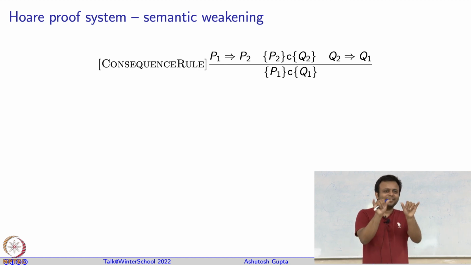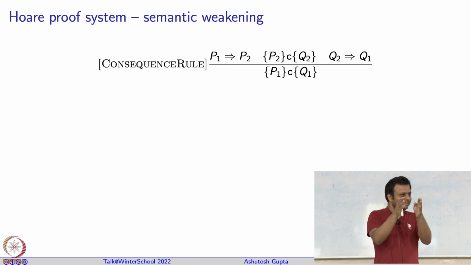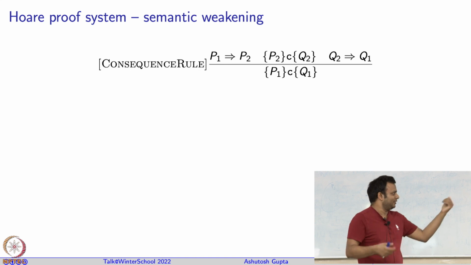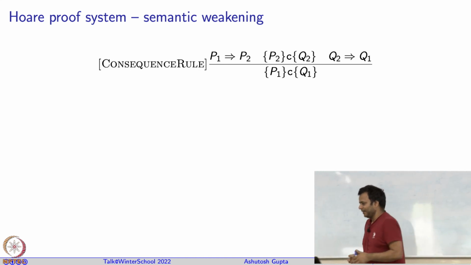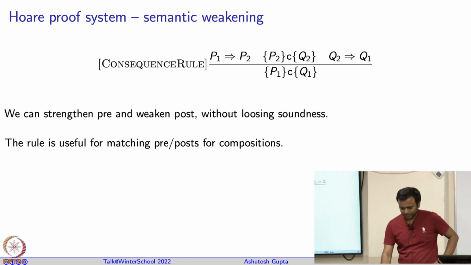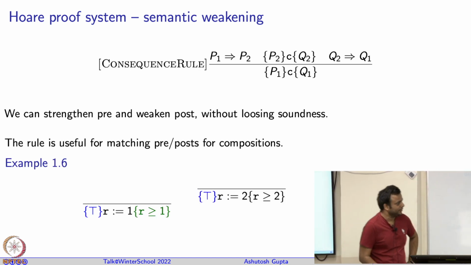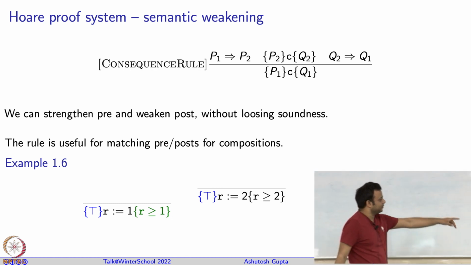To match things. Many times I'm trying to match things until I cannot apply the rule. If one is not matching, you need to apply this rule to make them match. So for example, let's suppose you have these two statements.